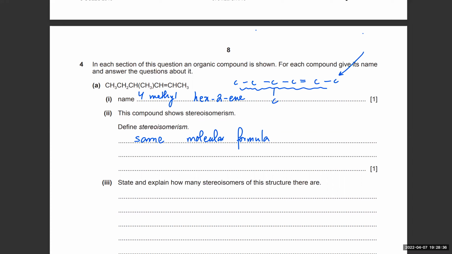They have the same molecular formula, same structural formula. When I say the same structural formula, that means the atom bonding is exactly the same. But what is different is the three-dimensional arrangement of the bonds.